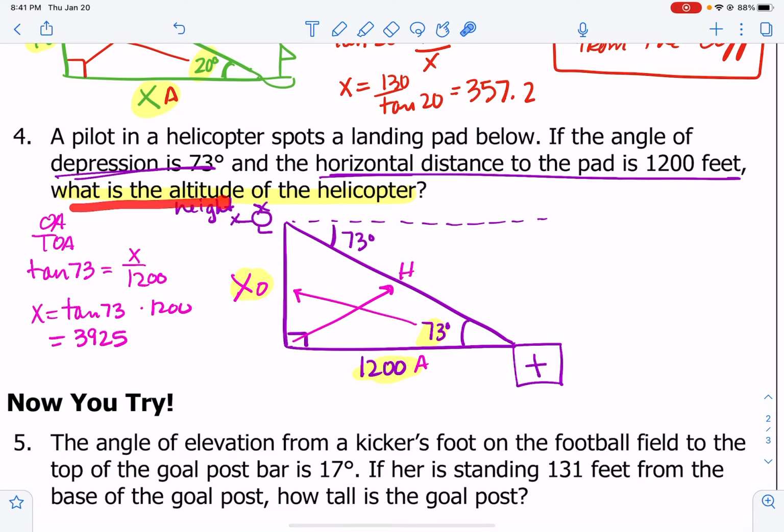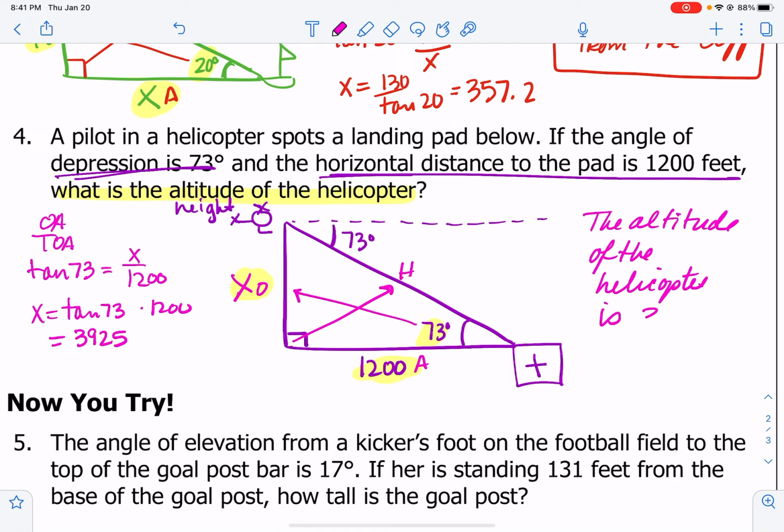That better be the altitude of the helicopter. So the altitude of the helicopter is 3,925 feet.